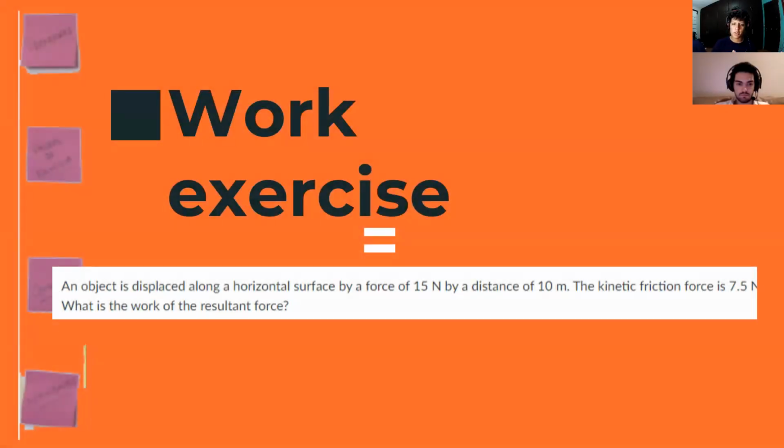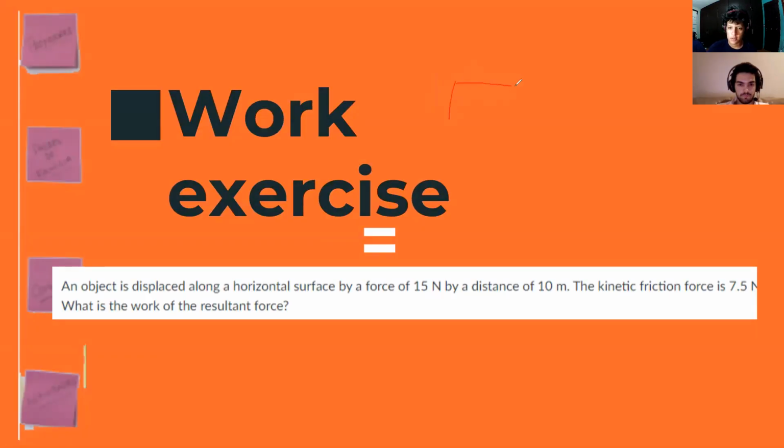Well, first, I'm going to explain this work exercise. An object is displaced along a horizontal surface by a force of 15 newtons by a distance of 10 meters. The kinetic friction force is 7.5 newtons. What is the work of the horizontal force? First, we're going to draw the exercise.